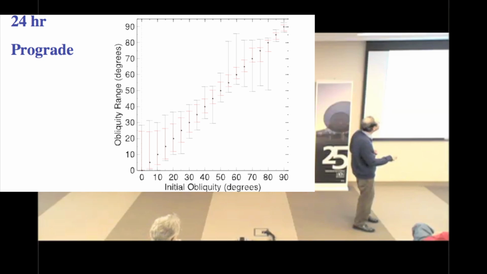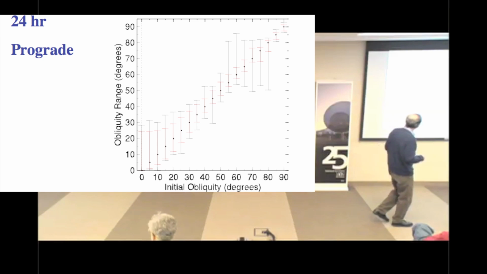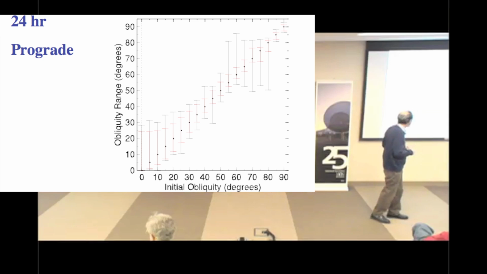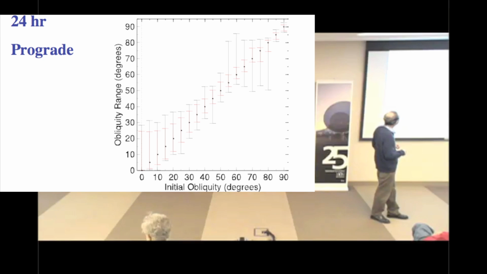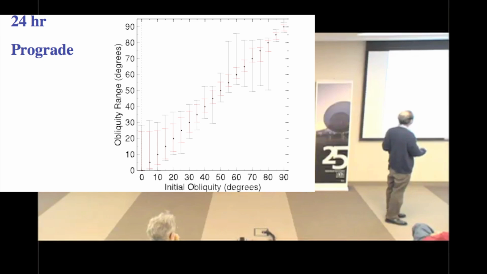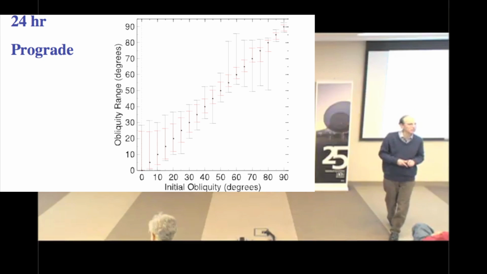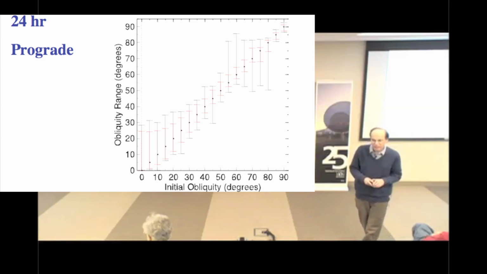of, well, it must be 19 different integrations, 5 degrees off in initial obliquity, which are the dots, and they are 1 million years forward in time, 500 million years backward in time. And the red shows the variations on that 2 million year time frame from 1 million years ago to 1 million years in the future.